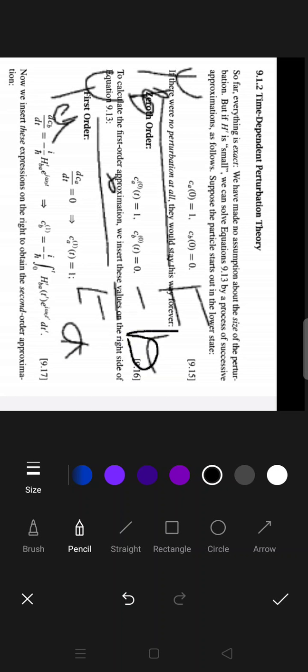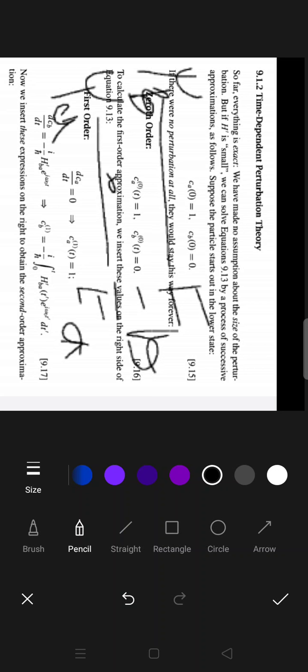So the particle is in the state psi A, so we assume that the coefficient will be 1 at t is equal to 0. So there is no time progress. There is no particle in the state psi b, meaning energy level Eb. So we have taken the coefficient Cb of 0 is equal to 0.